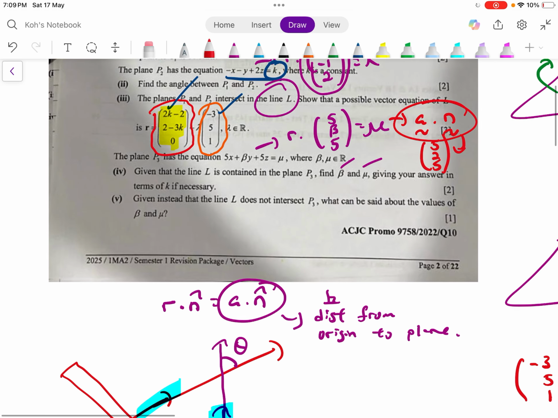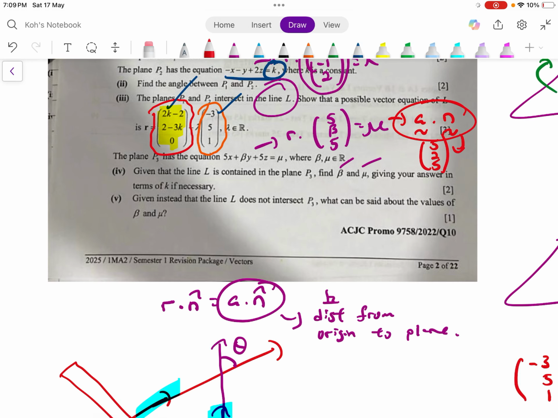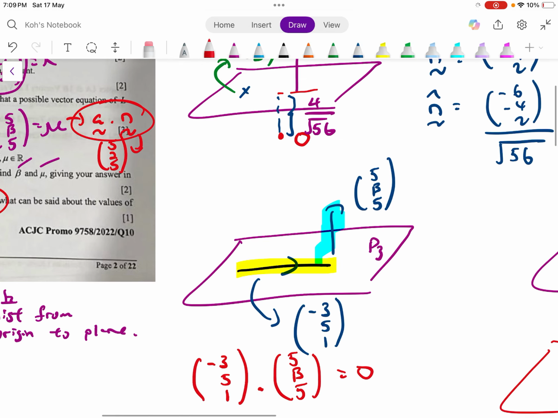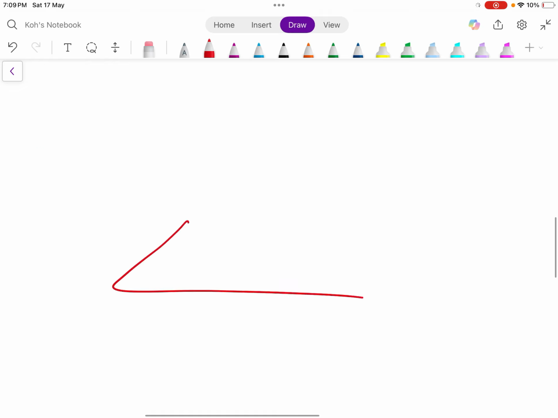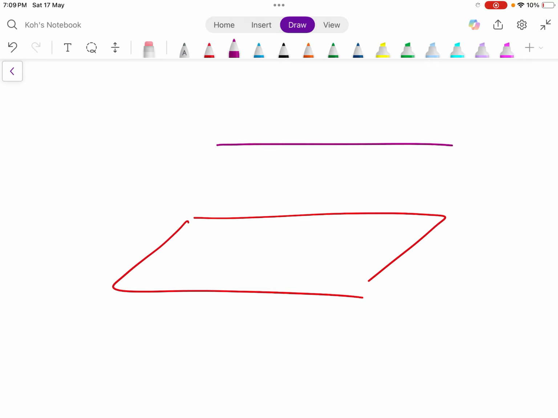Okay, the last part, this one is simpler. Given that line L does not intersect P3, what can we say about the values of beta and mu? 1 mark. For this type of question, very simple. I draw the plane, the same plane. If they say the line does not intersect, I can safely say the line is above and parallel to the plane, meaning the direction vector will still be perpendicular to the normal vector, so beta will still be 2.